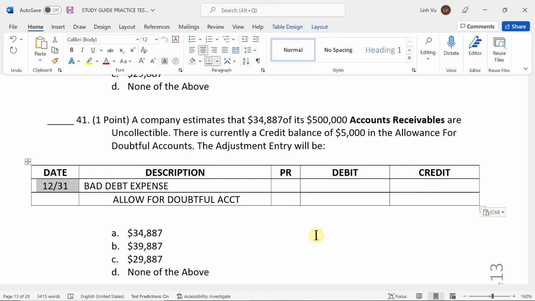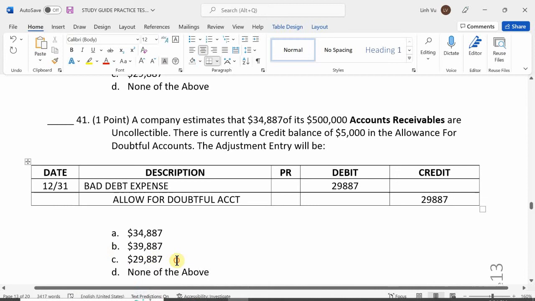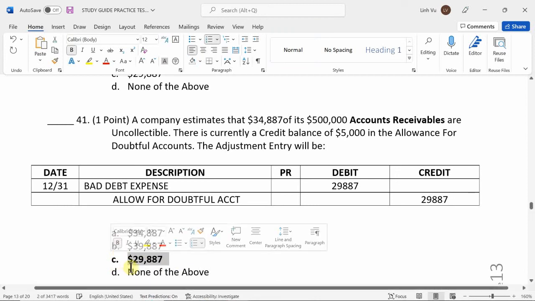So how much more do I need to count in order to get a grand total of 34,887 on the credit side? In this case, 29,887, because you're already on the credit side by $5,000. So 34 minus 5 is going to give you 29,887, which is letter C.